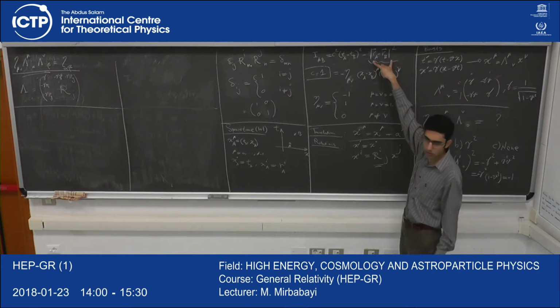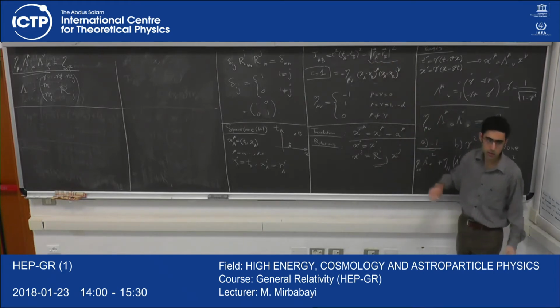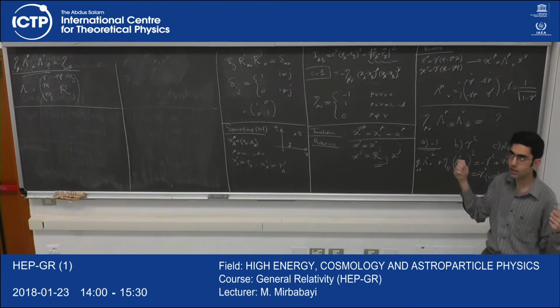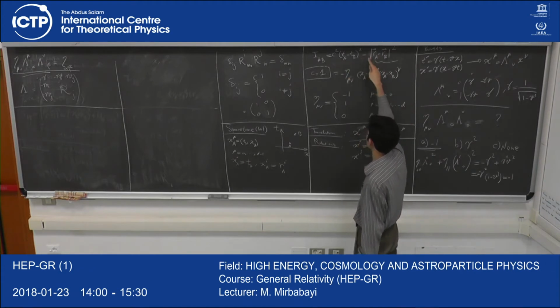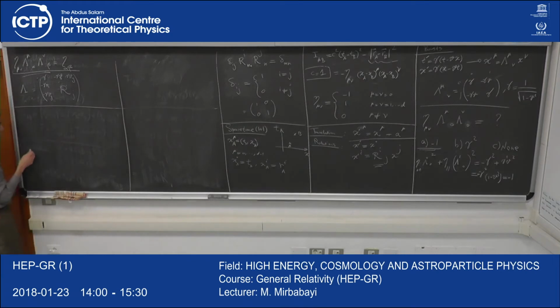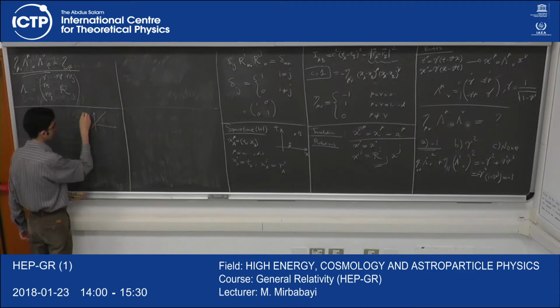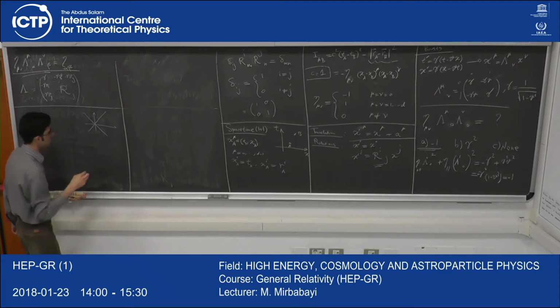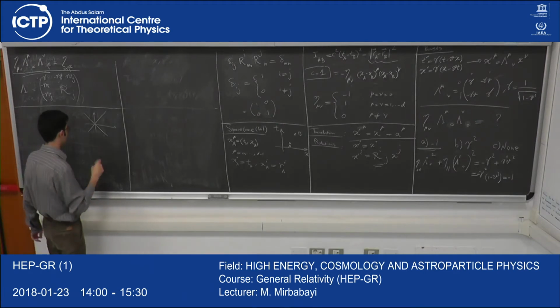If I consider 2 points on a plane, the distance squared between them is always positive. Here there is this minus sign, so there are 3 possibilities: that interval can be positive, 0 or negative, and depending on that, the 2 points A and B have different causal relations.